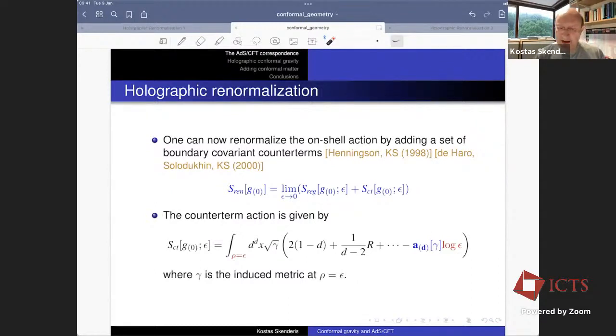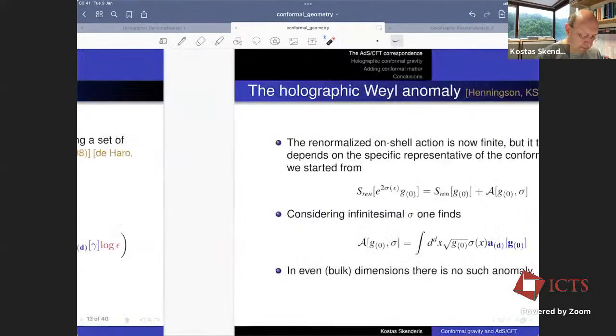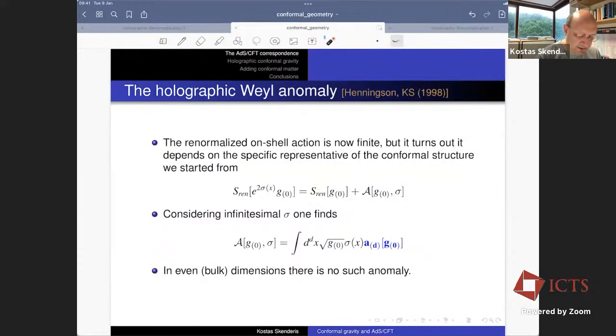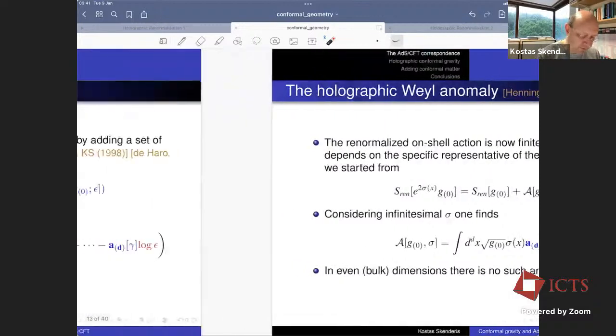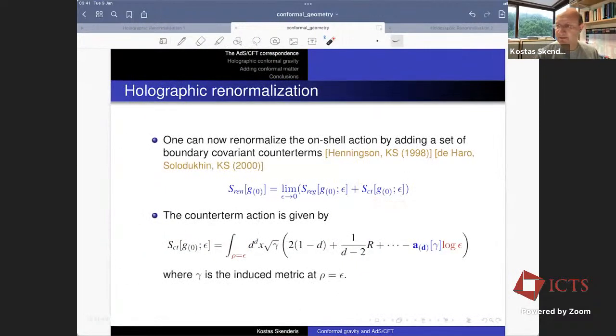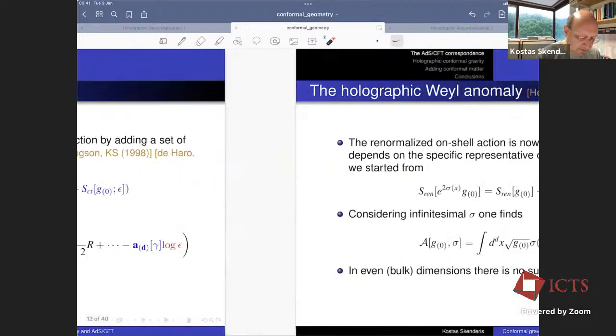And then once you have the renormalized theory, you can differentiate with respect to the source to start obtaining correlators. Now this renormalized action is not invariant under general Weyl transformations, because we added these counterterms, and these counterterms do not preserve all the symmetries we started from. This is the usual story with anomalies in quantum field theory.